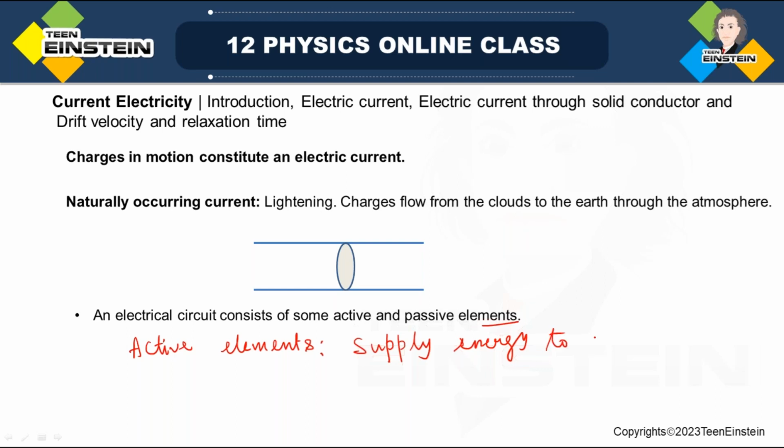For example, a battery or cell. So these are active elements, and there are some elements which are passive elements. So there are some passive elements also.